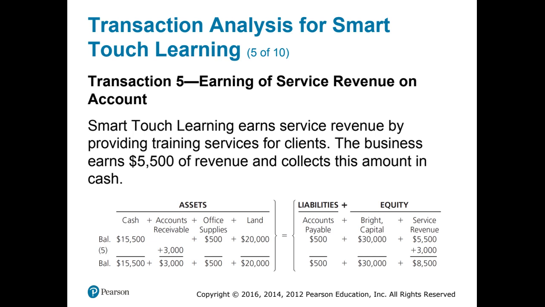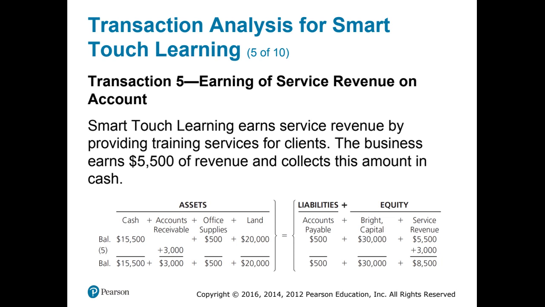What to us is an account receivable is to them an account payable. Yep, exactly. And because it's money that is owed to us, we expect to receive this money. That is an asset for us. So our asset, accounts receivable, will fall under our assets.